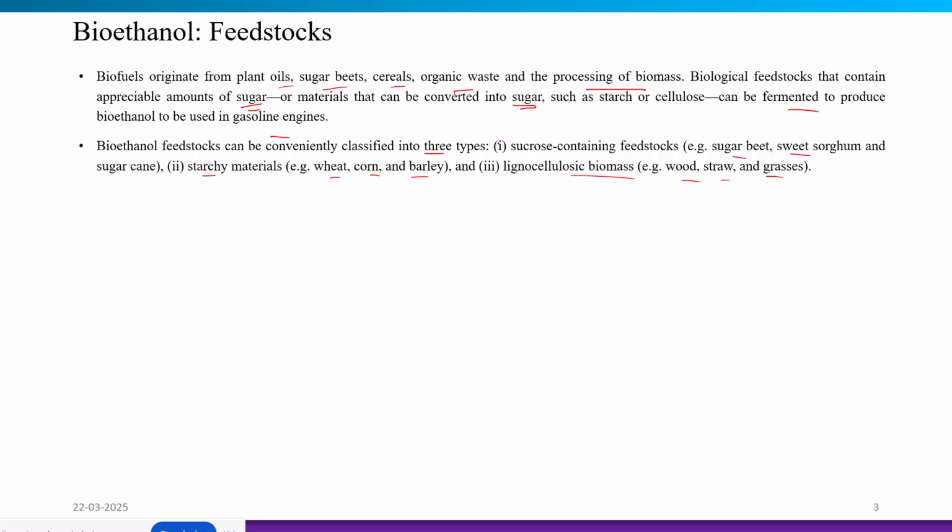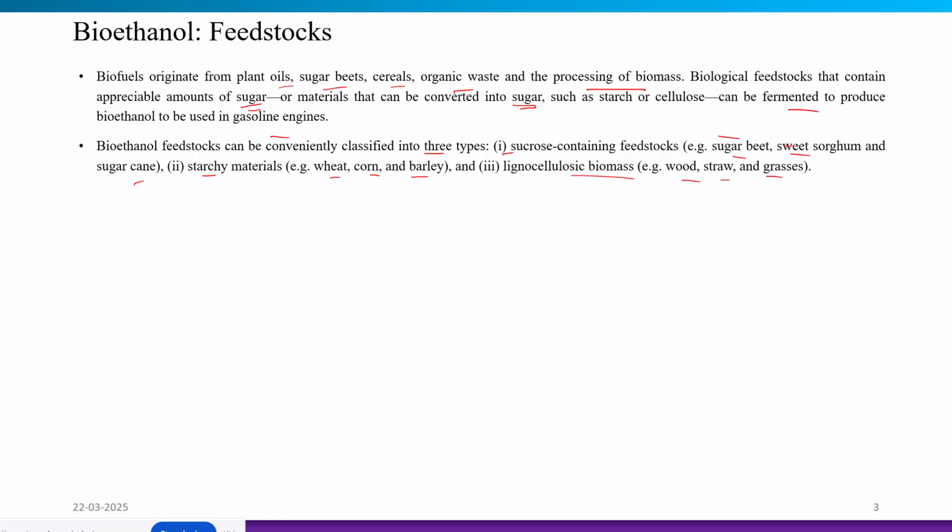Depending on the availability of these feedstocks, we have already seen that categories 1 and 2 have competition with the food cycle. So we are more focused on lignocellulosic biomass, which is mostly available as agricultural or forest residue.